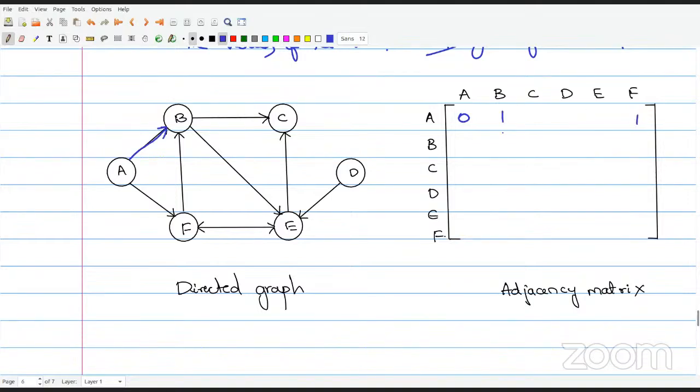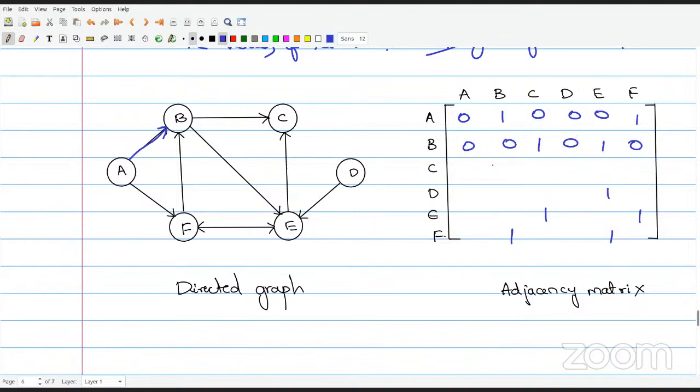A to F, and from B to E, B to C, C to nothing, D to E, E to C, E to F, and F to B. F to E also. So these are the entries, others will be 0.